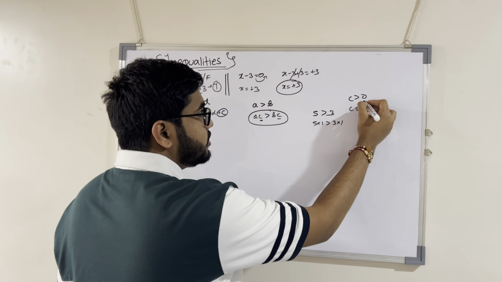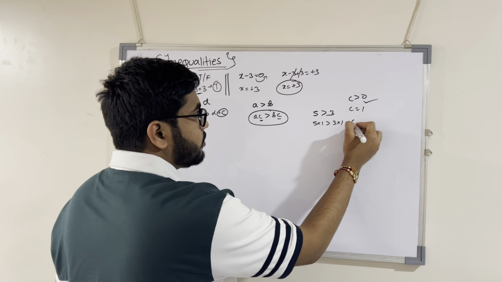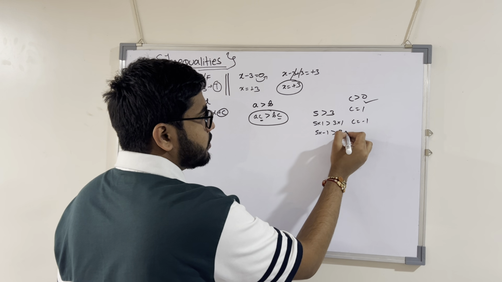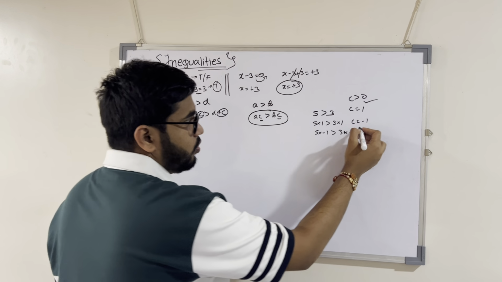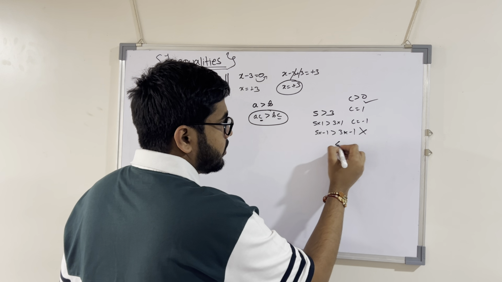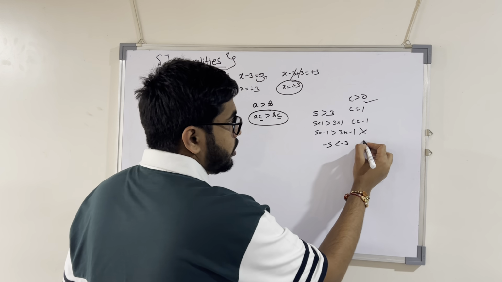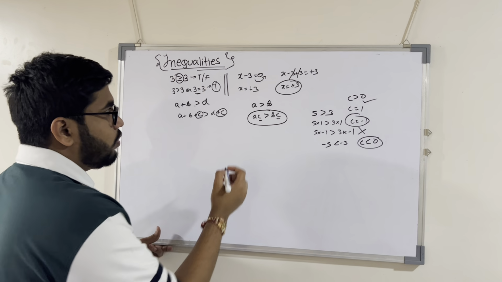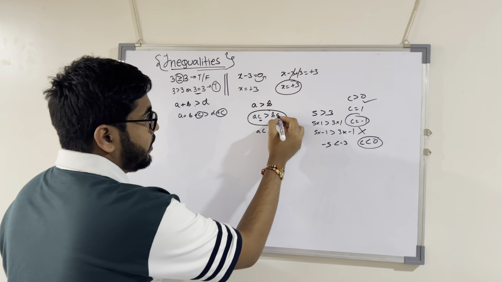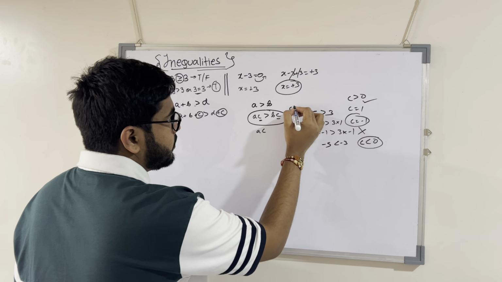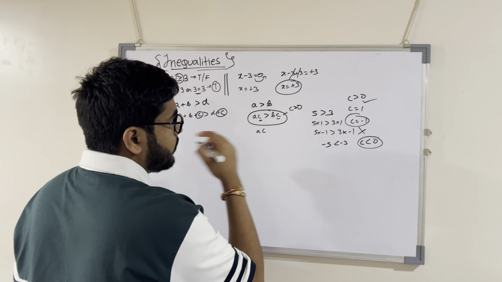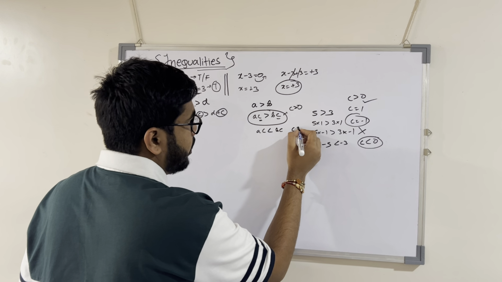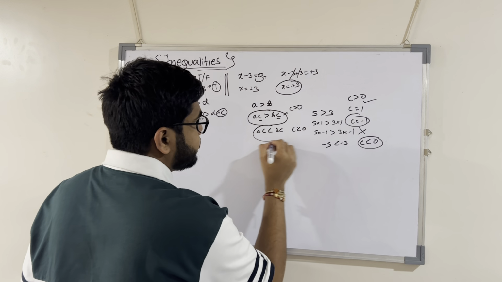For C greater than 0 it is true. But if C is minus 1, then what will happen? 5 into minus 1 greater than 3 into minus 1. Is this true? No, right? Minus 3 is greater than minus 5. So when C is less than 0, the sign will change. So AC is greater than BC if C is greater than 0, and AC is less than BC if C is less than 0, right?